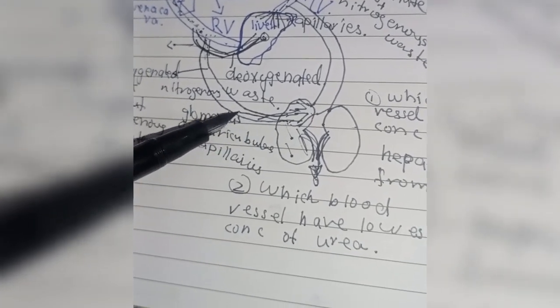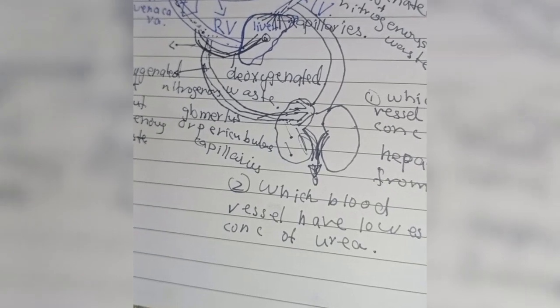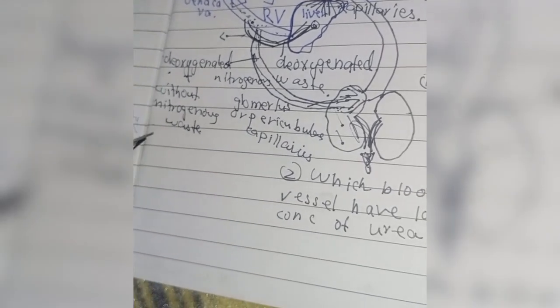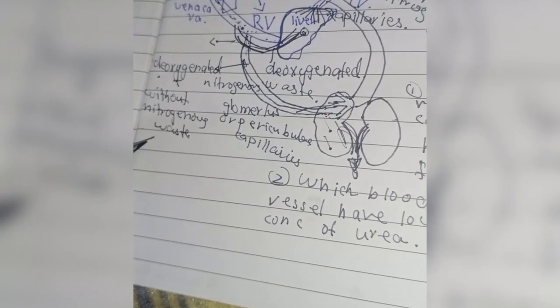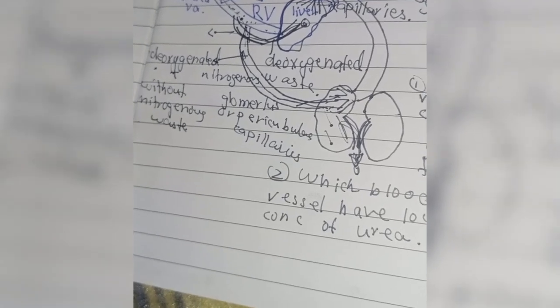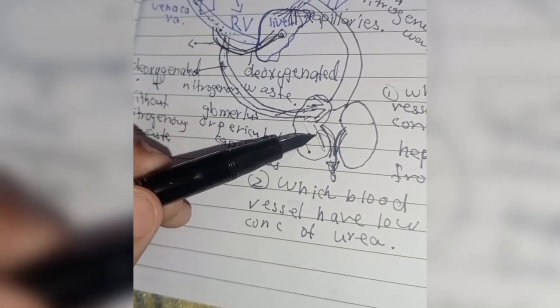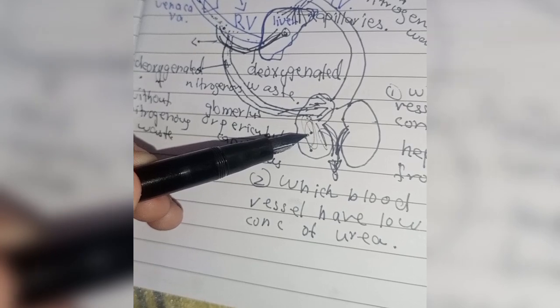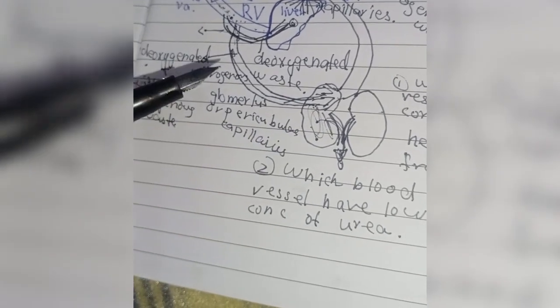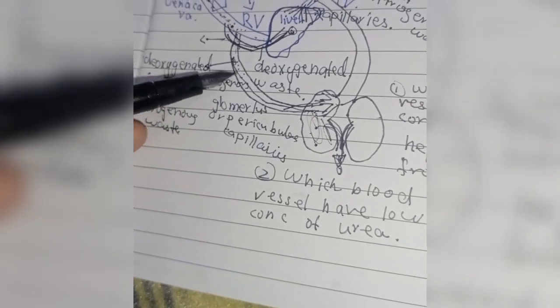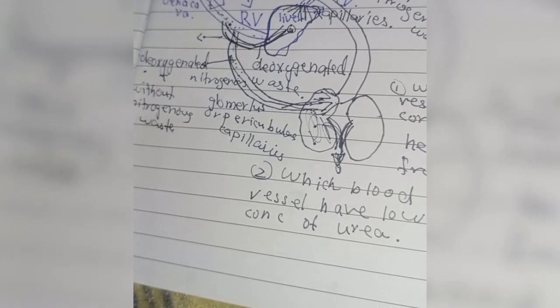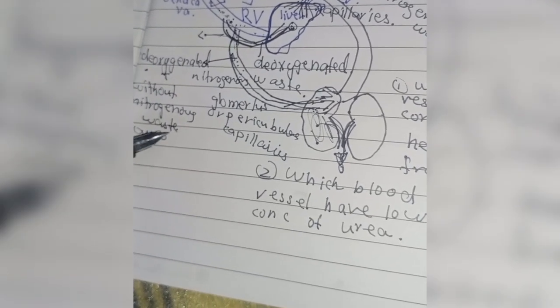So this was deoxygenated blood without nitrogenous waste. But not all urea is removed from the kidney. Only a little bit of urea will also remain. So here we have the lowest amount of urea.